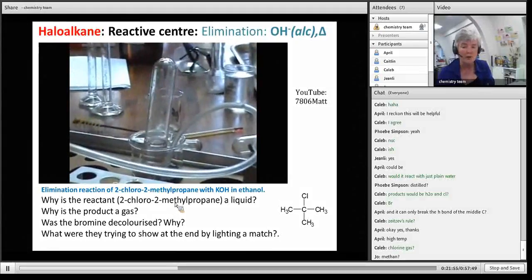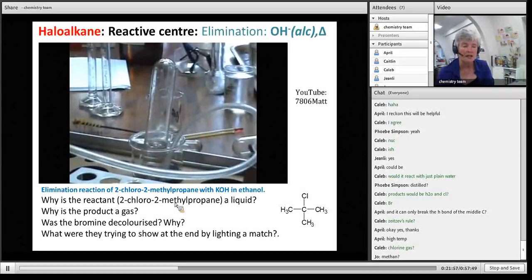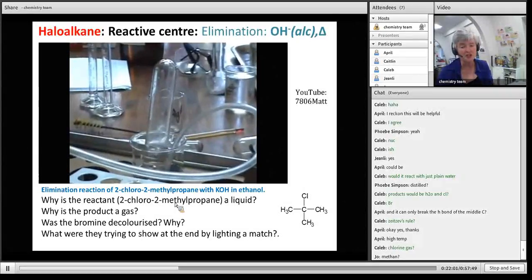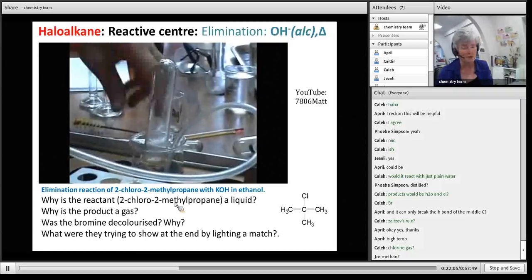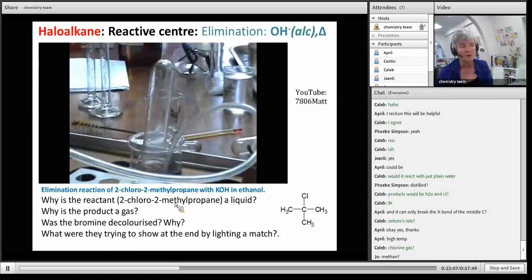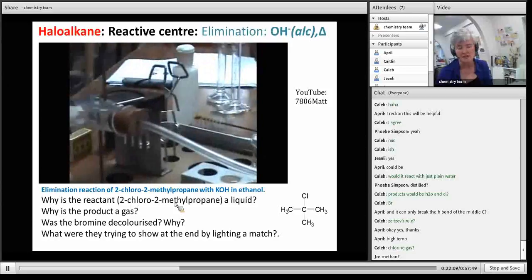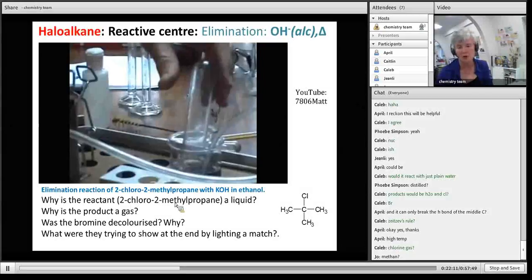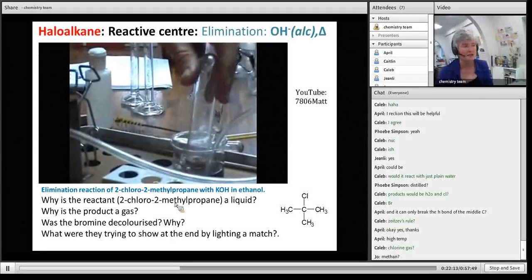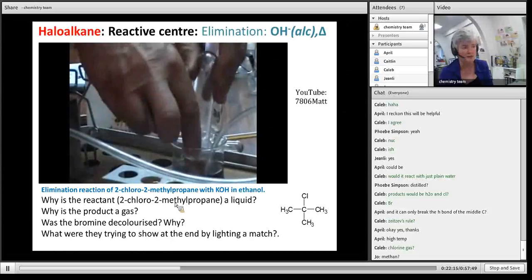We're forming an alkene. Now, an alkene has lost the chlorine, so it's much lighter now. So those intermolecular forces of attraction are much weaker, so it's going to be gaseous. It's now pretty much nonpolar with not much mass, so those intermolecular forces have weakened.